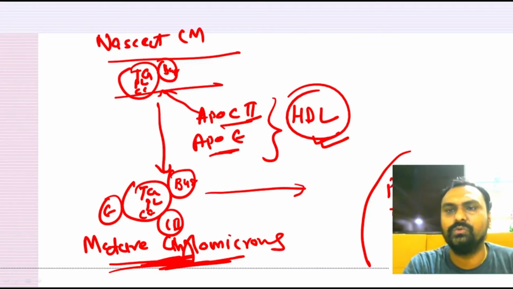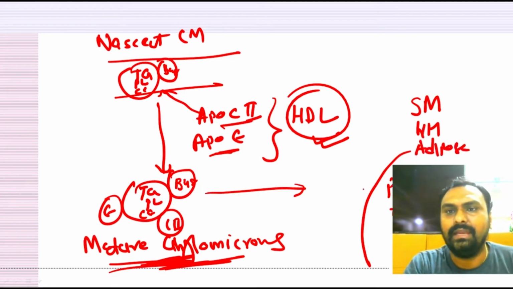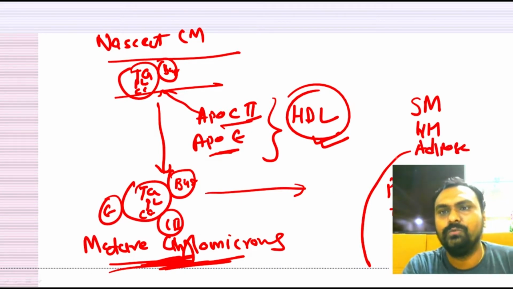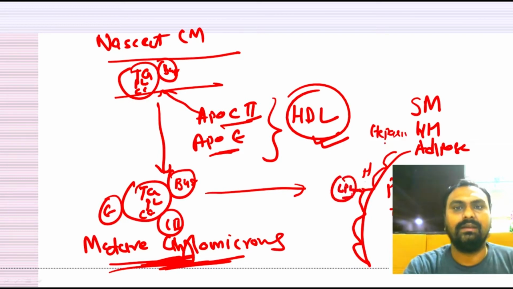Which are the peripheral tissues? Like skeletal muscle, heart muscle, adipose tissue, and in the capillary of this peripheral tissue there is an endothelium where heparin-bound lipoprotein lipase enzyme is there, right?